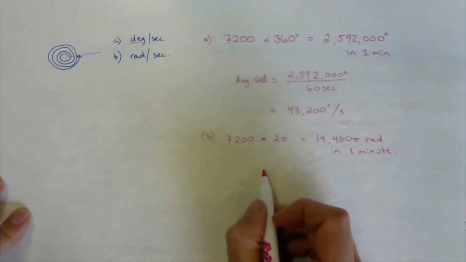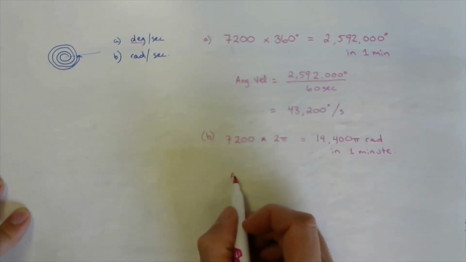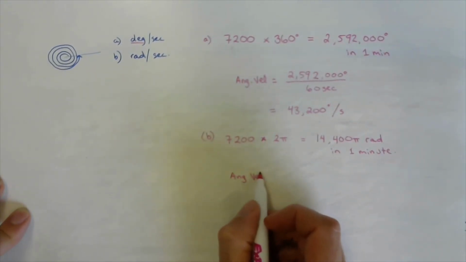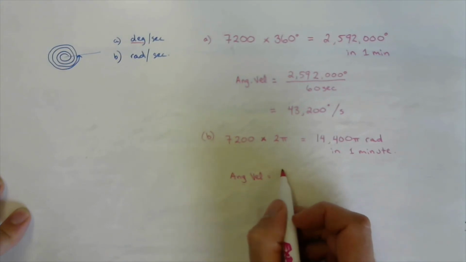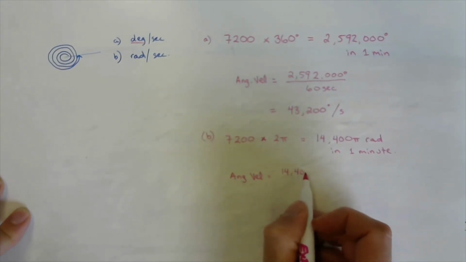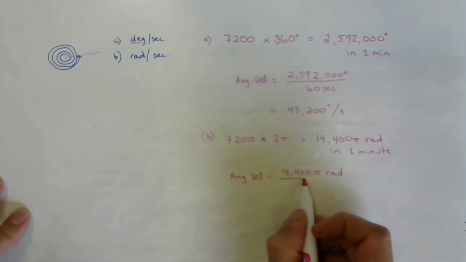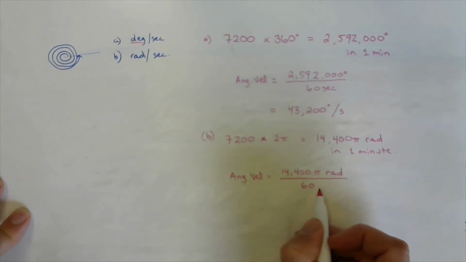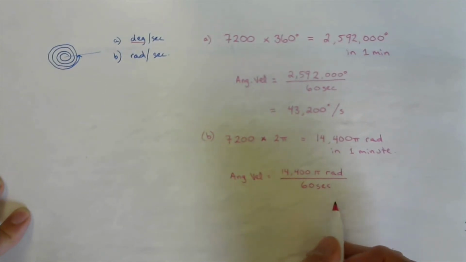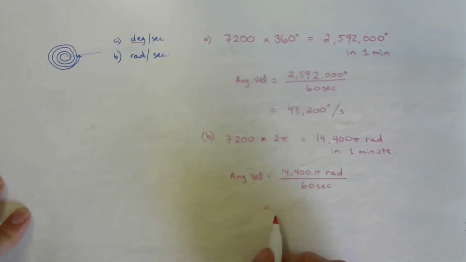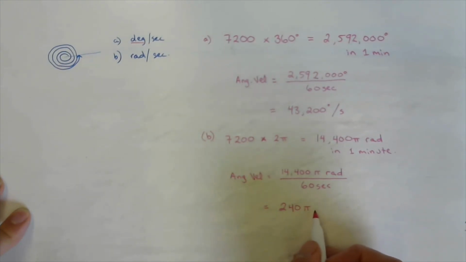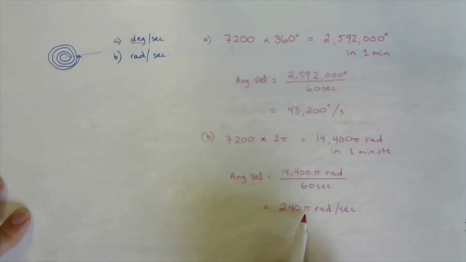And then we take that number in our angular velocity formula here, 14,400 pi radians, and we divide it by 60 seconds, and we end up with 240 pi radians per second.